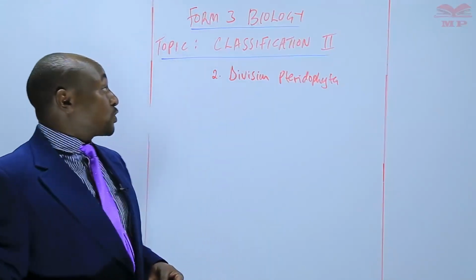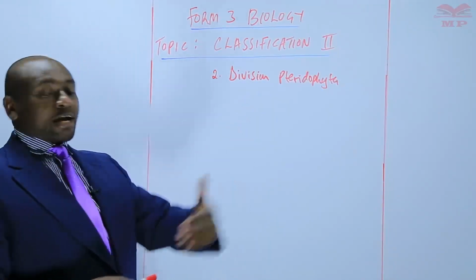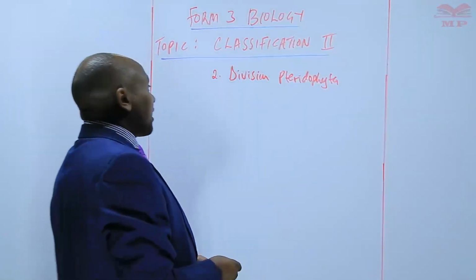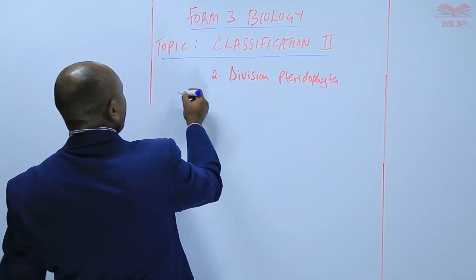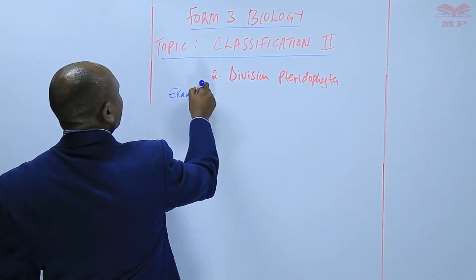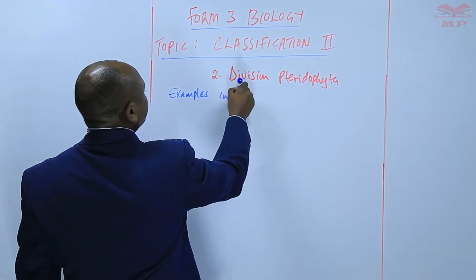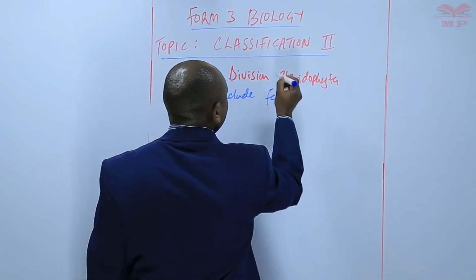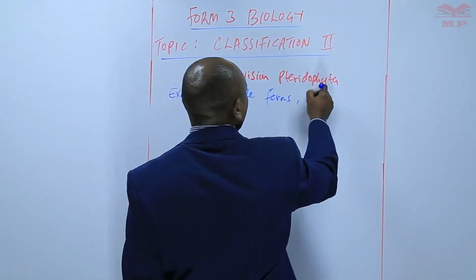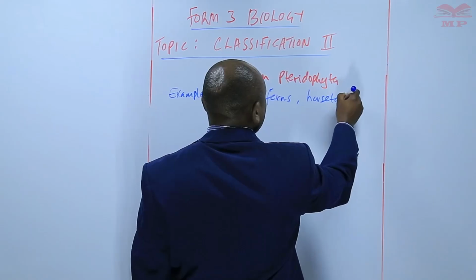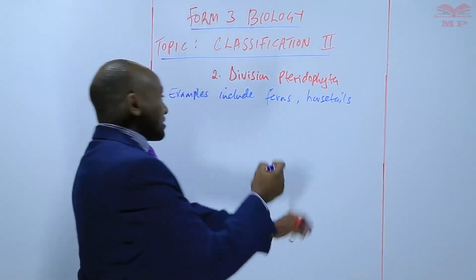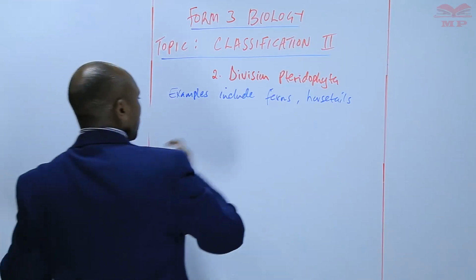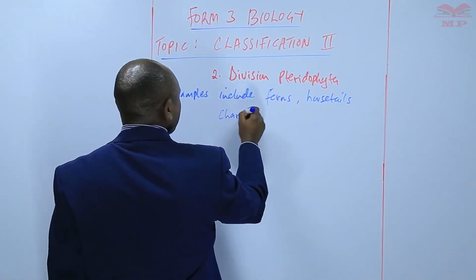So division Pteridophyta is the second least advanced, and here we have examples such as the ferns, and we have the horsetails. Those are the common examples of division Pteridophyta, and we are going to discuss the characteristics.